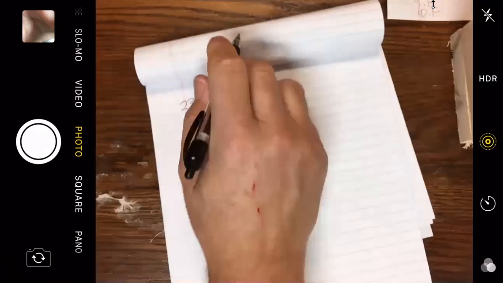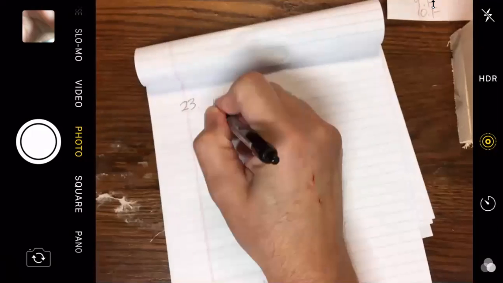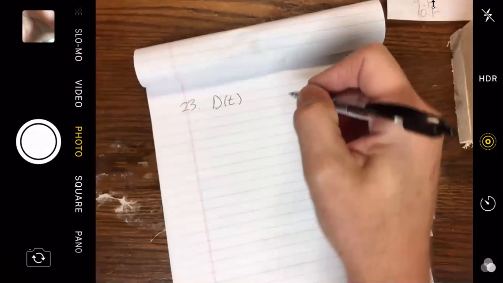I can try 23. They're saying D of T, this is a dosage of a certain drug. 50 e to the negative 0.2 t.